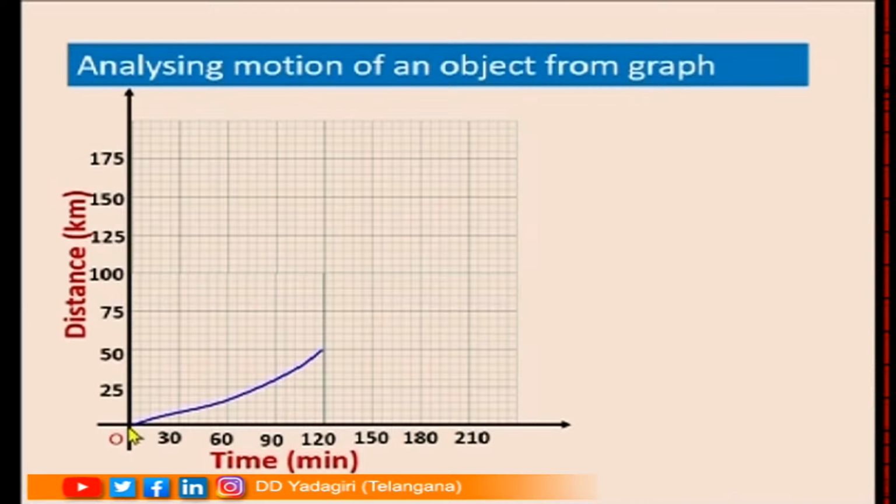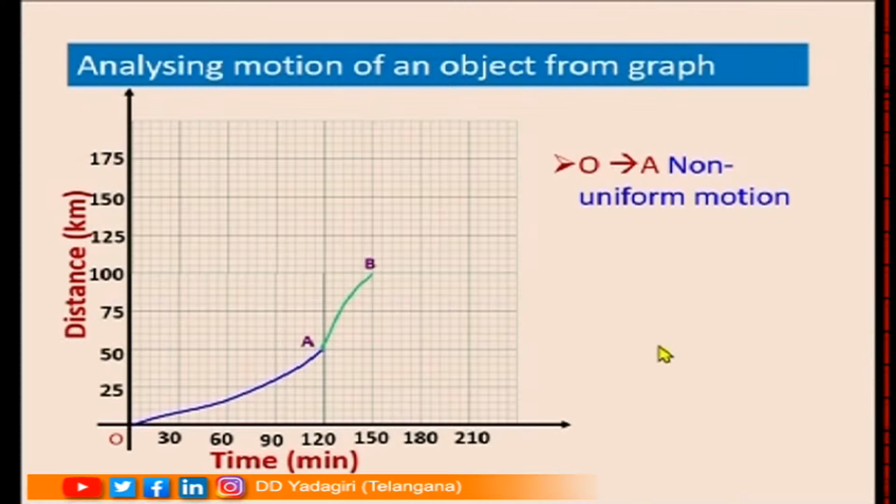O to A: what is this? This is a curve. It's not a straight line, it is a curve. It means O to A is non-uniform motion. A to B, again it is a curve. It means again non-uniform motion.